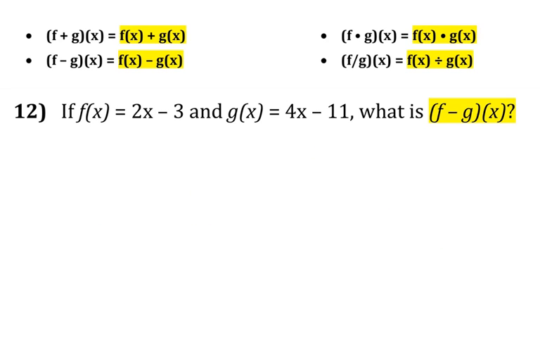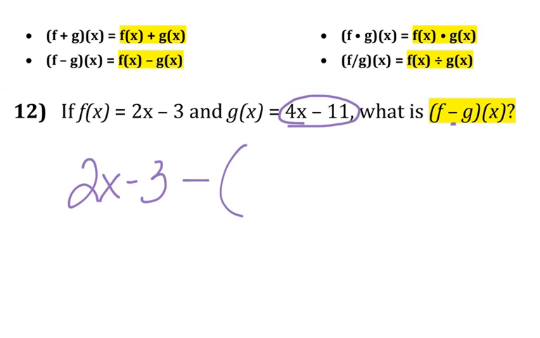Number 12, we're going to be doing f minus g of x. So I'm going to take 2x minus 3, and I'm going to subtract. Now, subtraction can be kind of tricky. You've got to remember that you're subtracting g of x, which means the entire thing. You need parentheses here. We're going to subtract 4x minus 11 because I'm subtracting all of it. So sometimes it might help if you think about it like this.